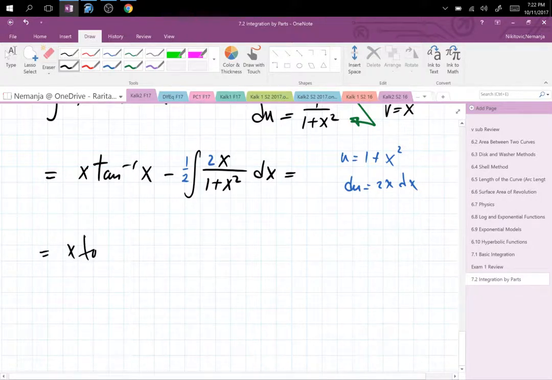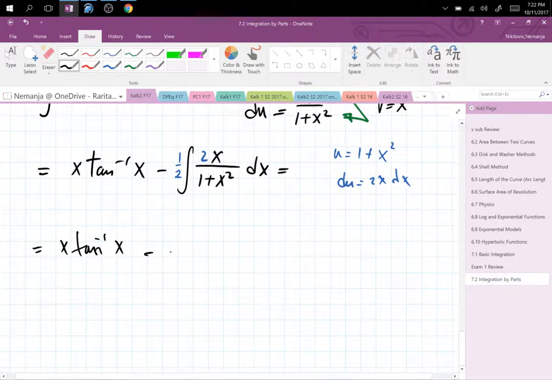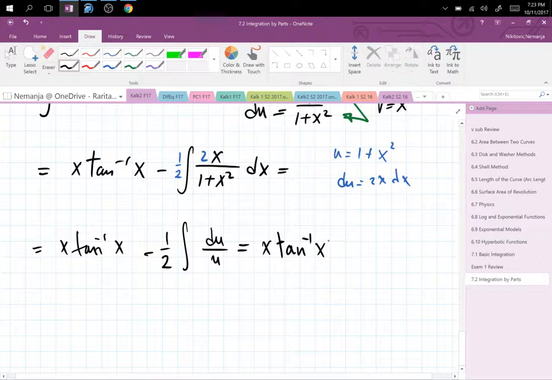So x tangent inverse of x minus 1/2 integral of du over u, which is x tangent inverse of x minus 1/2 ln absolute value u, which is 1 plus x squared, plus c.